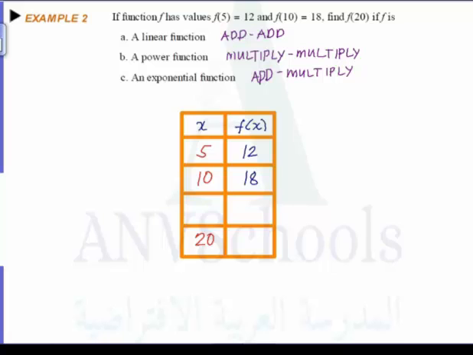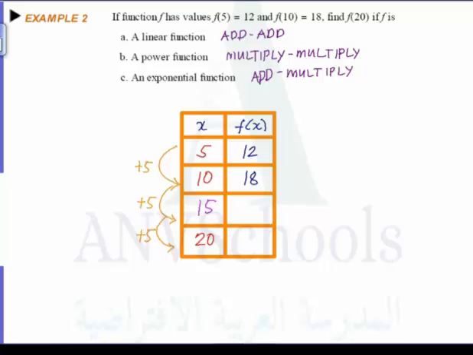So we have a pattern of adding plus 5 here, so we should also add 5 here and 5 here. Filling this empty cell here, this would be 15 again, and 20.